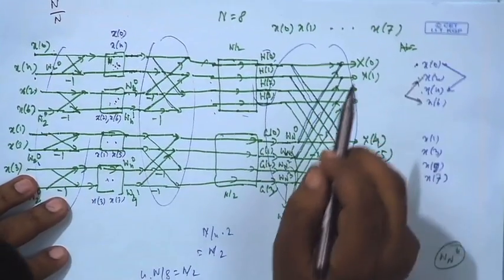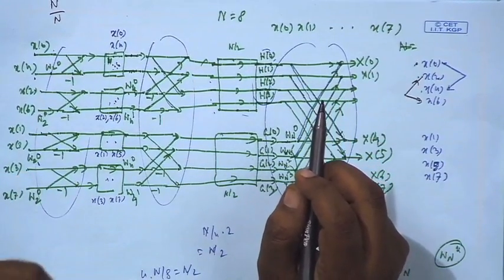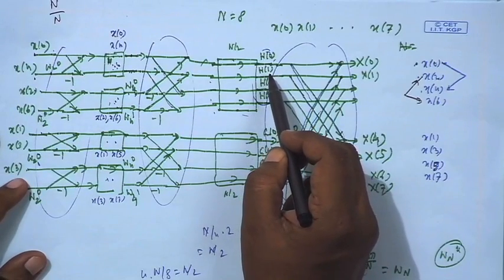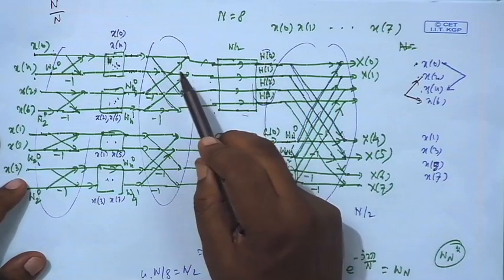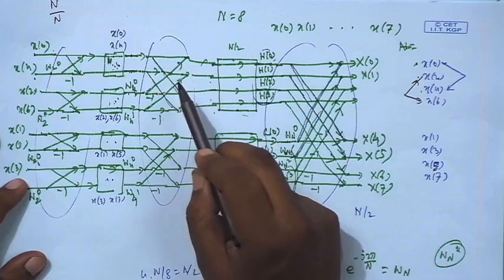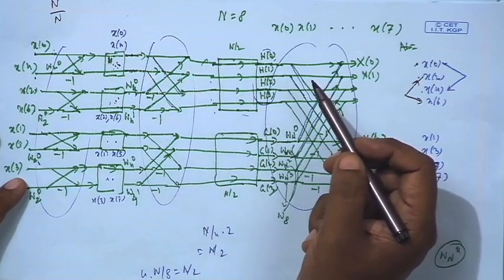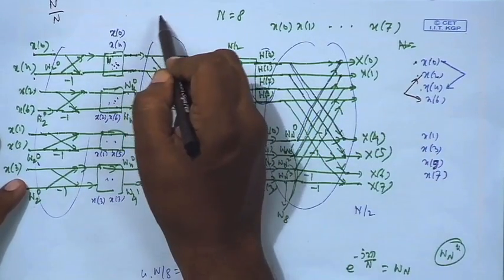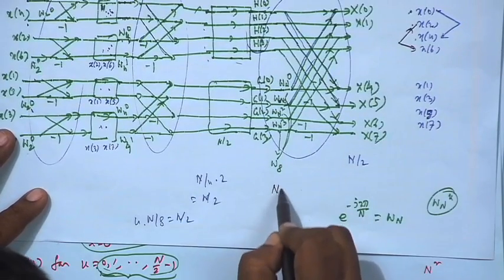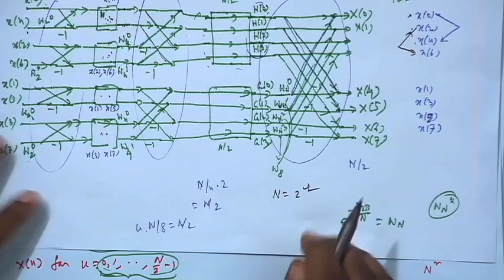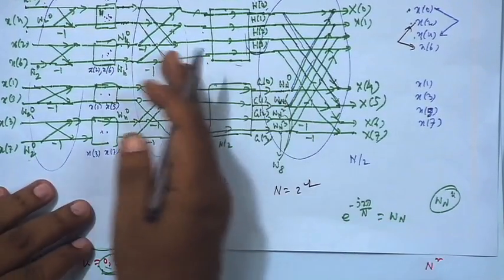Okay. So, how many stages I have? Actually you remember n was 2 to the power r. Okay. So, we will basically have r stages.